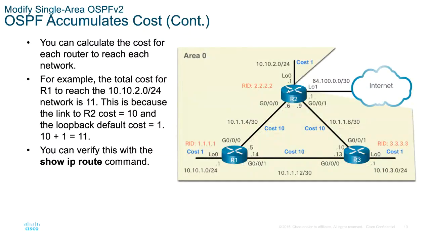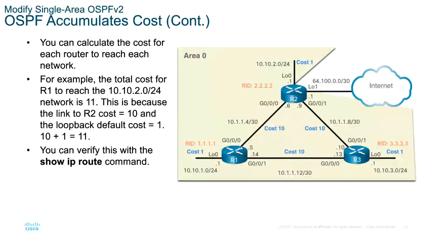So router 2, we're trying to look at router 1 getting to router 2's loopback 0. When router 2 advertises the existence of this network, it has a cost of 1. So when that cost or the hello packet is being sent along here saying, I have this network, the cost is 1.